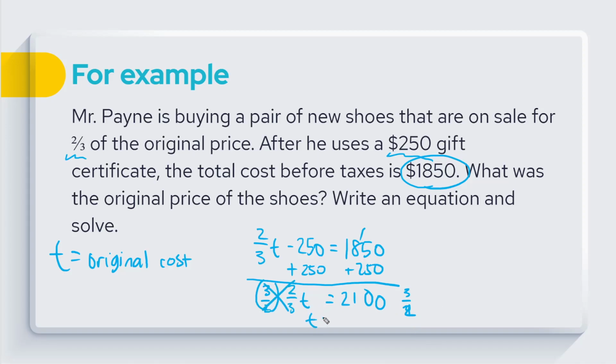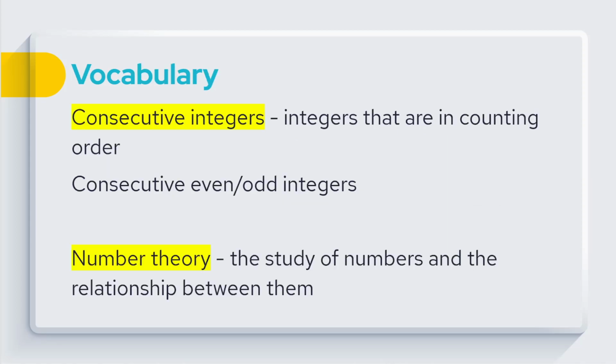And then T equals 6,300 over 2, which is, what is that, 3,150? Yeah, 3,150. So the shoes were originally $3,150. But he paid only $1,850. What a good deal. A thrifty spender.